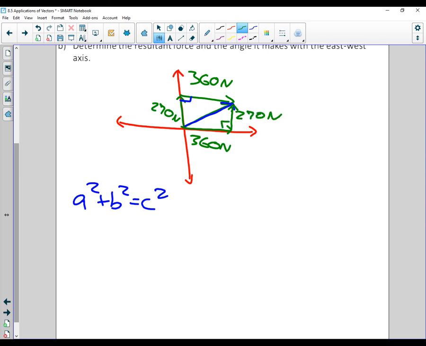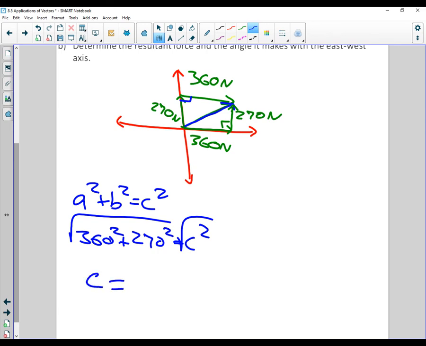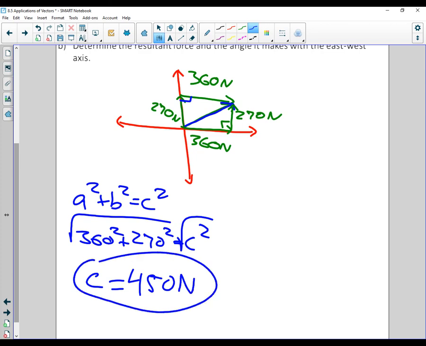Maybe that triangle might look better, the bottom one. Well, the two legs, 360 squared plus 270 squared equals c squared. Square root both sides. We don't need a plus or minus because we can't have a negative length or magnitude, right? So c equals 450. 450 what? Newtons.